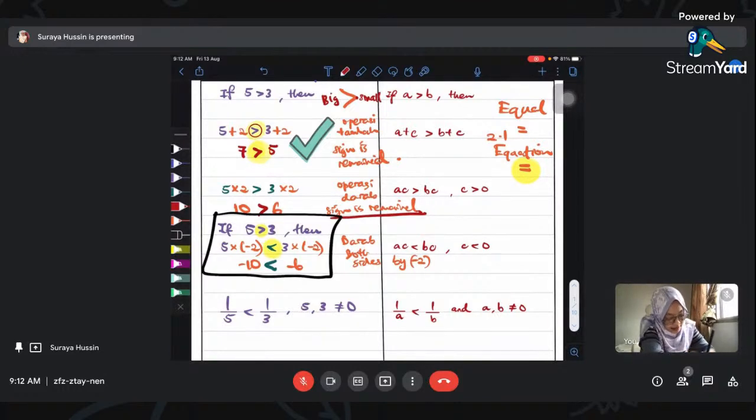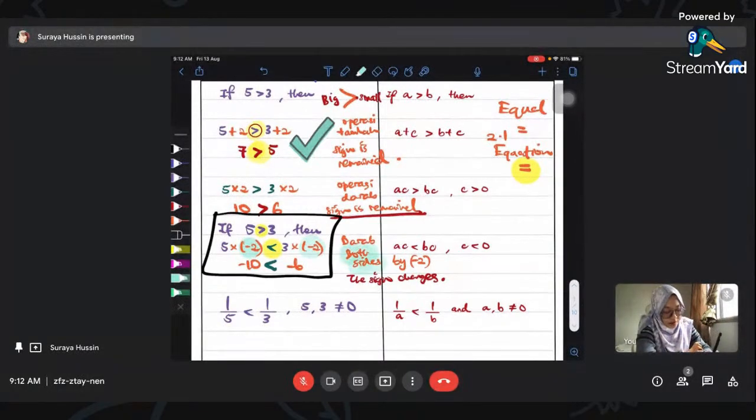The sign changes. Yes, it changes. The sign changes when you multiply it by negative numbers on both sides.